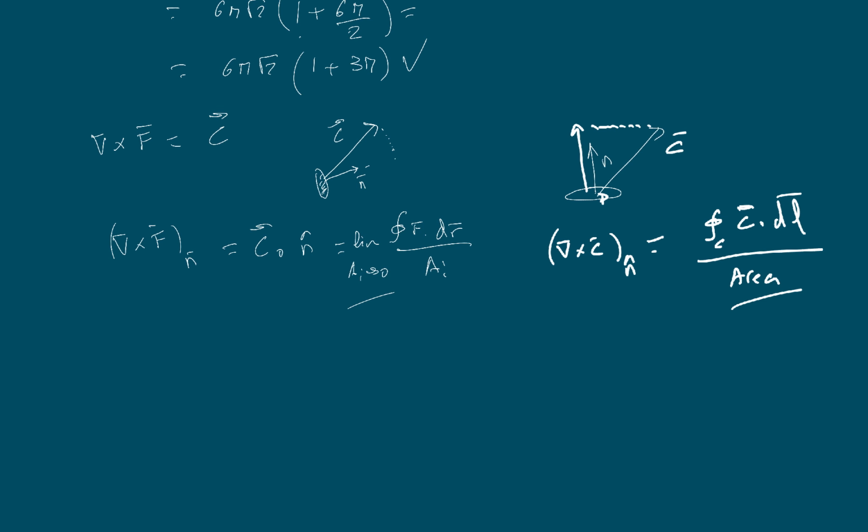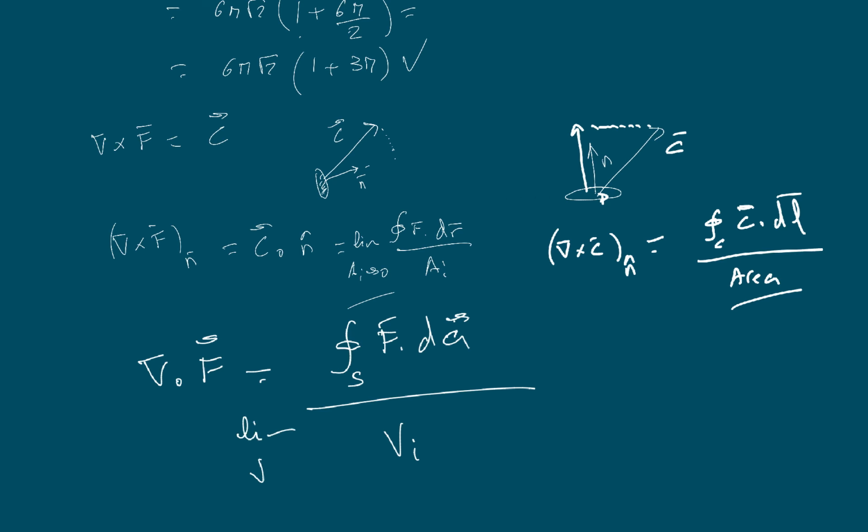And the other idea that we have found is that the divergence of a vector field F is a scalar function at any point. It measures the flux over the surface S of the vector field, the total flux of the vector field F scalar dA, per unit of volume V sub i in the limit when V sub i approaches 0.